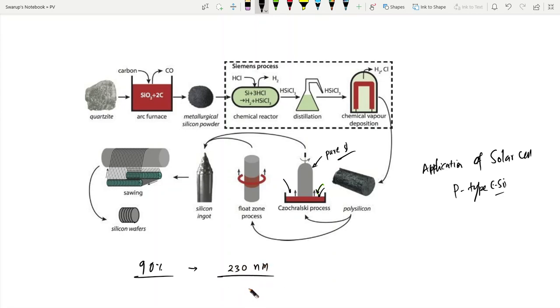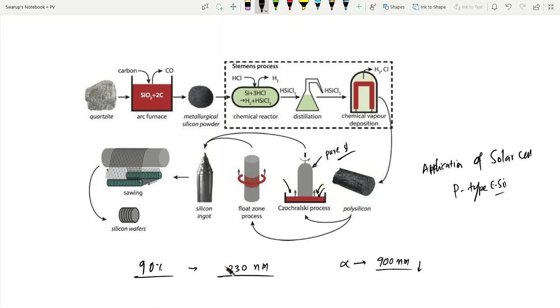We typically target photons with wavelength up to 900 nanometers, not below that. Below that we don't take, because to absorb much lower wavelength photons we would need very thick wafers, which is not economically viable.